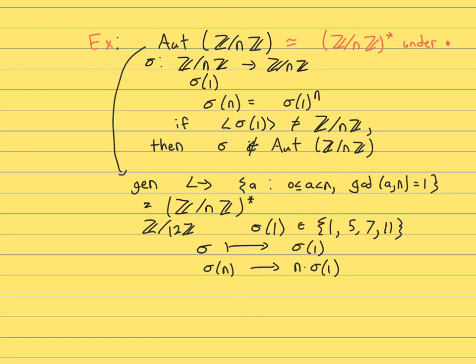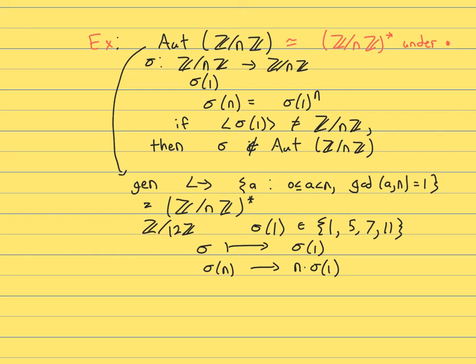So we actually do have a function from the automorphism group of Z mod NZ to this set. And you can see that it must be surjective. If you manage to pick one of these choices, you actually do in fact get an automorphism. So all you need to show is that it's injective and that it's a homomorphism.